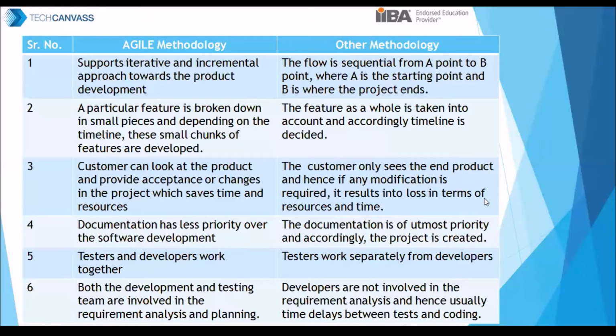Now the third point is customer can look at the product and provide acceptance or changes in the product which saves time and resources. How does it save time and resources?